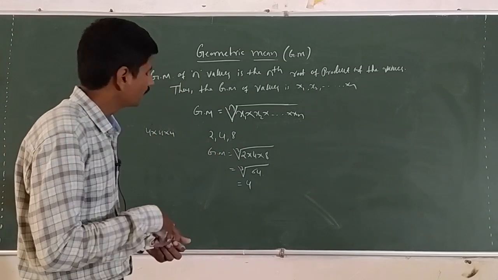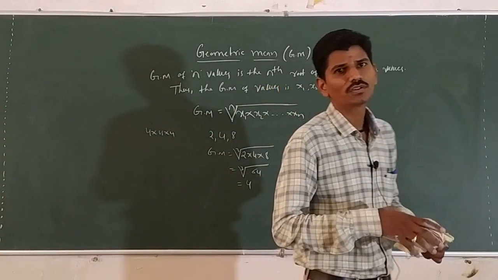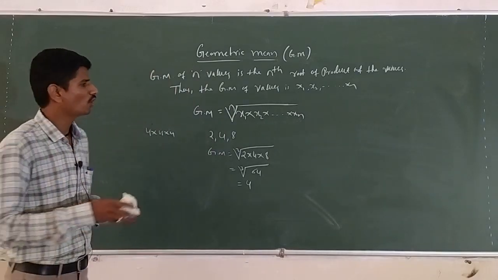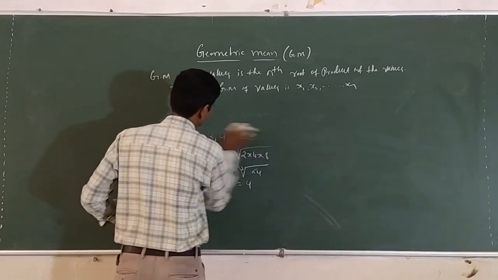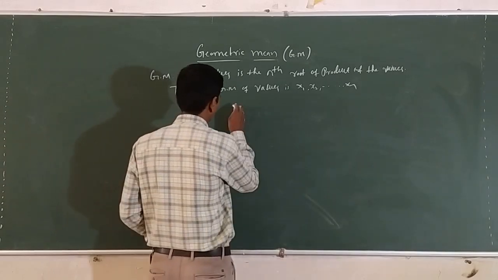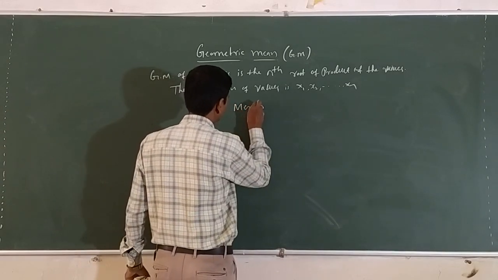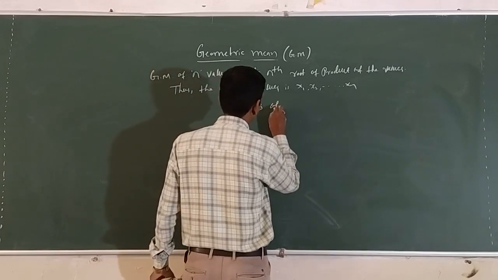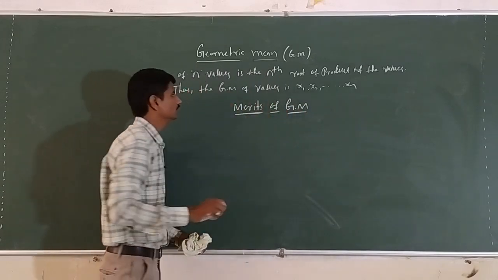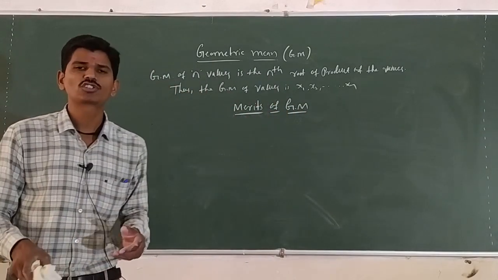The next part is the merits and demerits of geometric mean. First, the merits of GM.